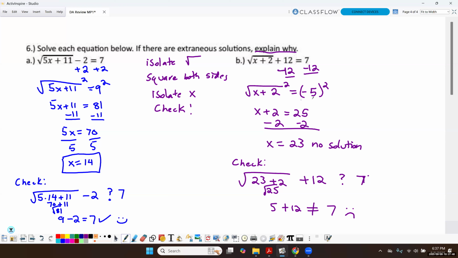Now, if you stop here when you get to the square root of x plus 2 equals -5, and you just say no solution because you know that a square root cannot produce a negative number, you need to be right here. I'll do it in blue. Right here, you need to say no solution. The square root of x plus 2, and you need to write all this out.